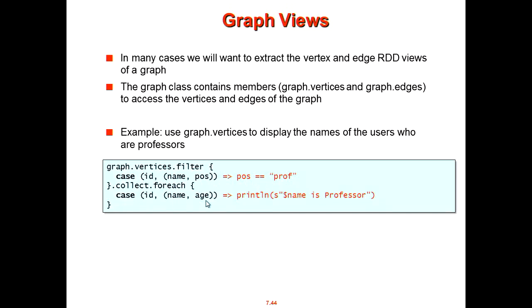And next, we get all the professors according to this filter statement. For all the professors, we collect. So remember that collect is an action operation. And we collect, and then for each, we print their name. So who is a professor? According to this name attribute, we can get all the professors' names. So this is about how we can use this graph class to do some things.